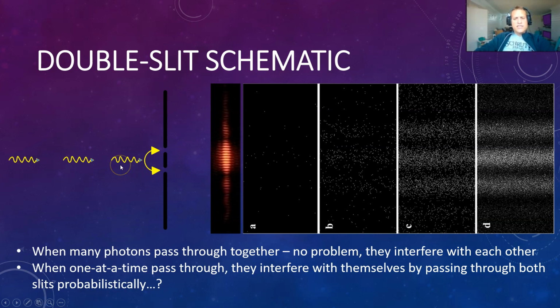I mean, this is cognitive dissonance, because you're saying that a single photon, which presumably you draw one up here and it was going to go through this slit, but now it goes through both slits in some sort of abstract probabilistic fashion. And that is what interferes with itself, this probability wave. That's just how you have to interpret things now, so you have to come up with an explanation for that.